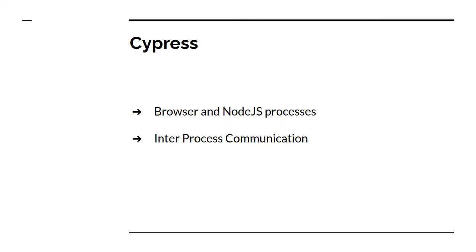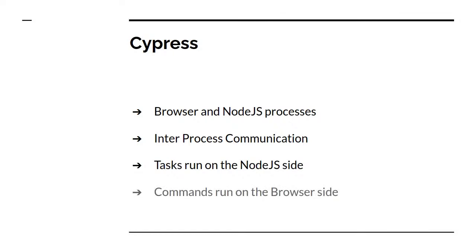Cypress's tasks are functions that run on the Node process, and commands run on the browser process. We just need to be aware that only browser-grade code can be run inside test cases or be declared as commands. So no file system, no path, or any other Node internal library, among other things. So let's focus on the browser process, okay?